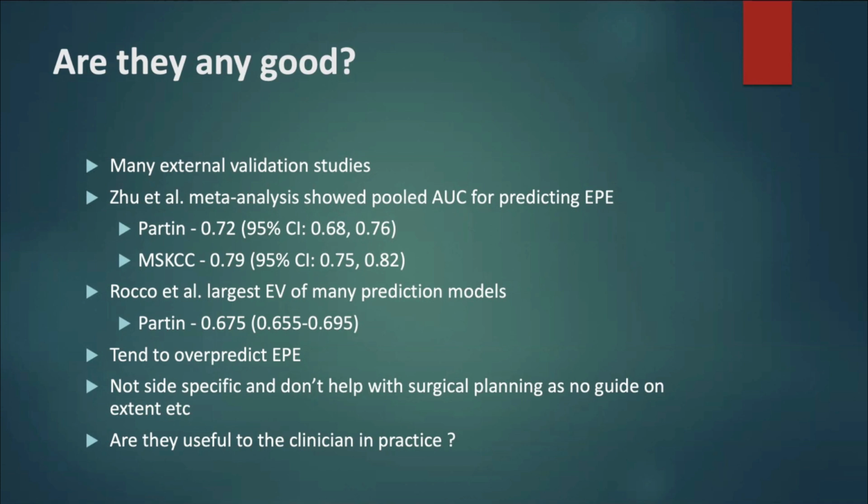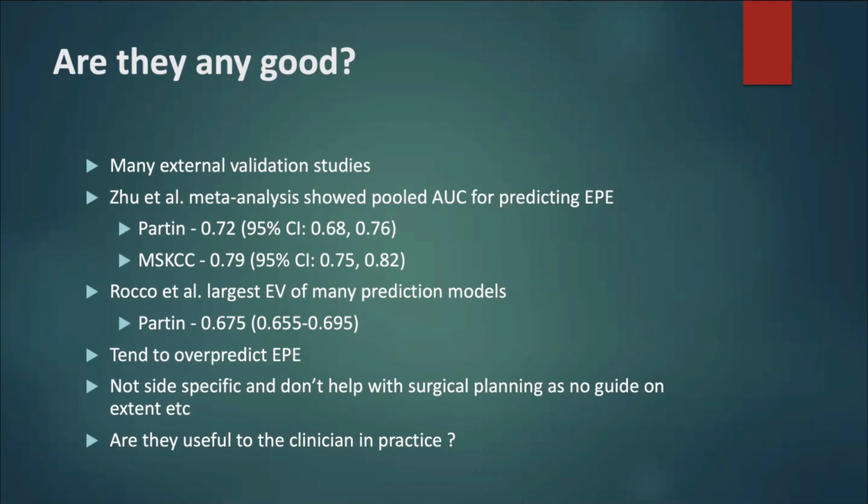This doesn't really play out across the real world, and this large meta-analysis by Zhu et al. showed a more moderate performance. And also the largest external validity study, by Rocca et al., incorporated over 6,000 patients and included validation of the Partin tables, which performed particularly poorly.